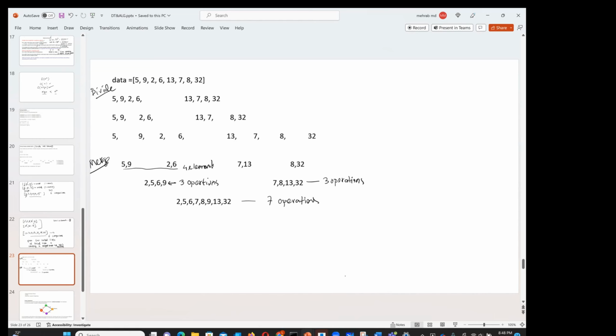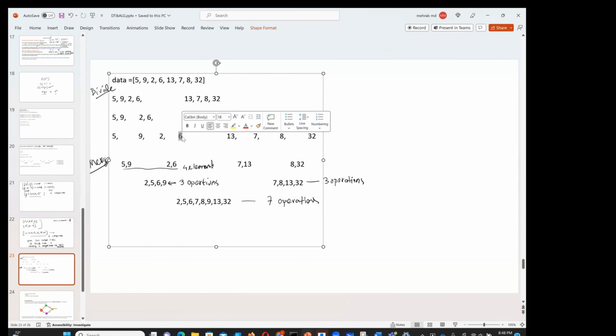Okay. So the merge sort algorithm is, what did I do? I kept on dividing the list until I got to a list of 1 element, right? Since I have 1 element, I could confidently say these are sorted.